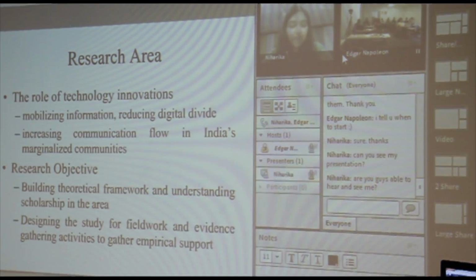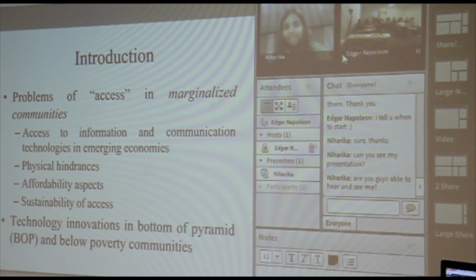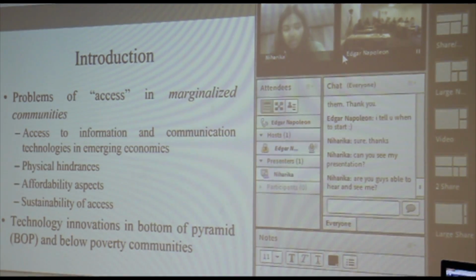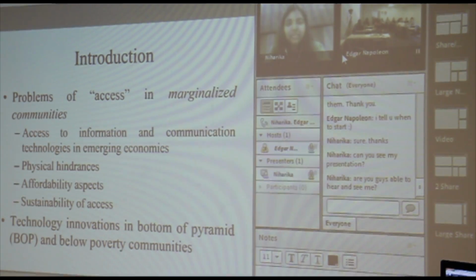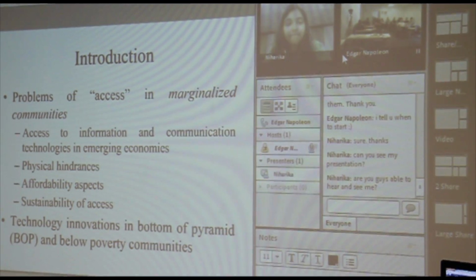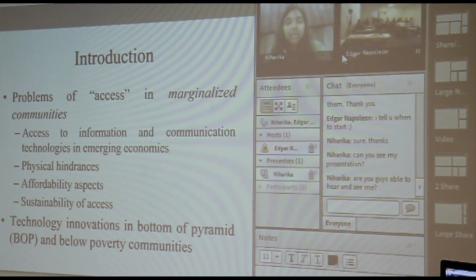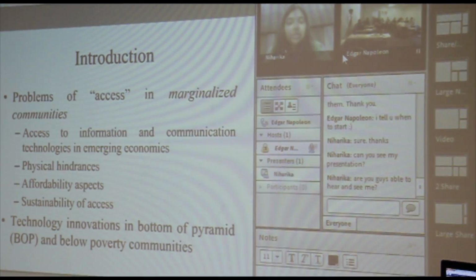So I'll start by presenting very briefly about how this is important in ICT, and especially to understand the problems that people face in marginalized communities, and how ICT and technology innovations can play a role here in development.